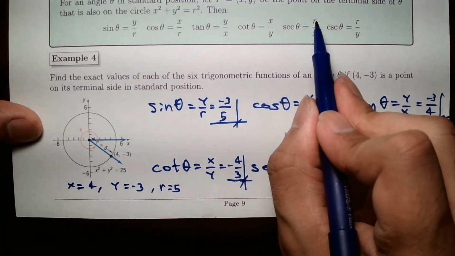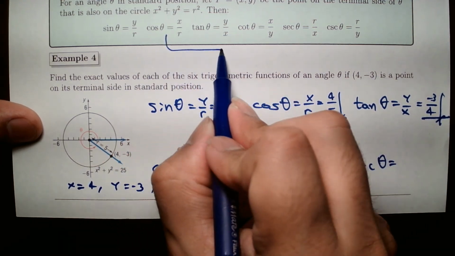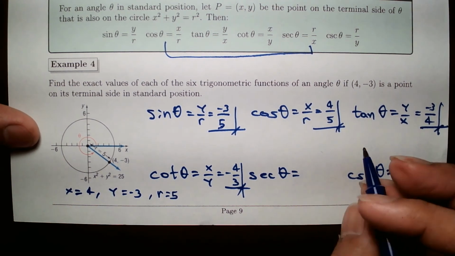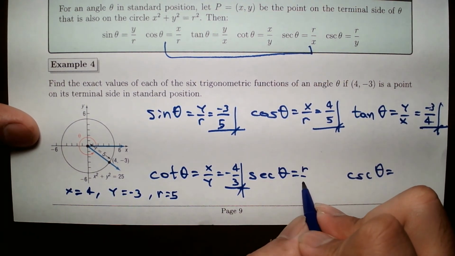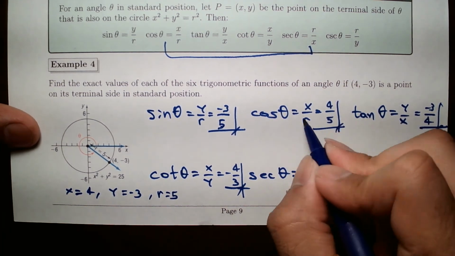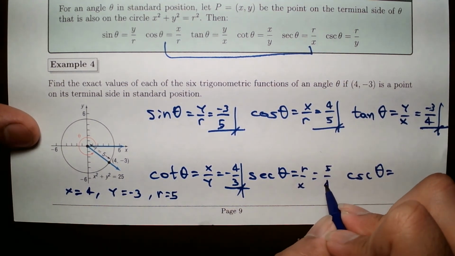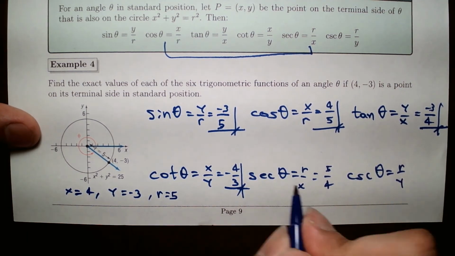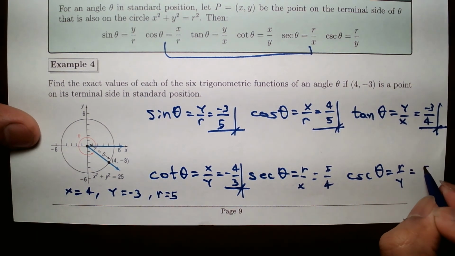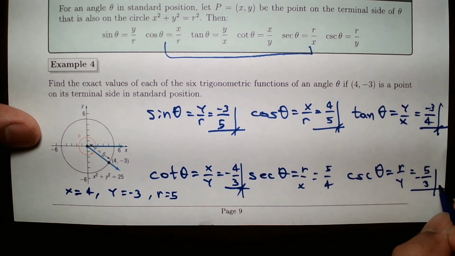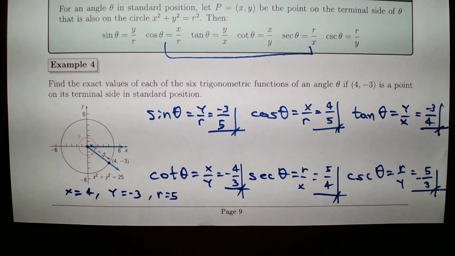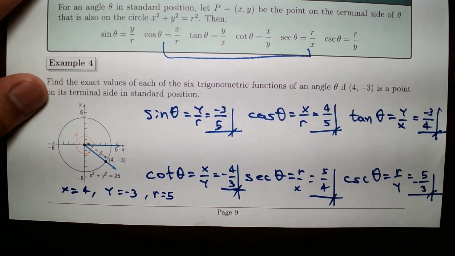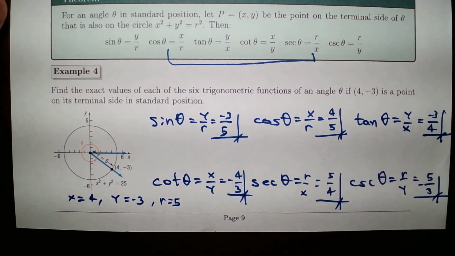Secant is r over x, the reciprocal of cosine. Simply invert this number, 5 over 4. And cosecant, which is r over y, the reciprocal of sine, which is 5 over -3, which gives us -5/3.